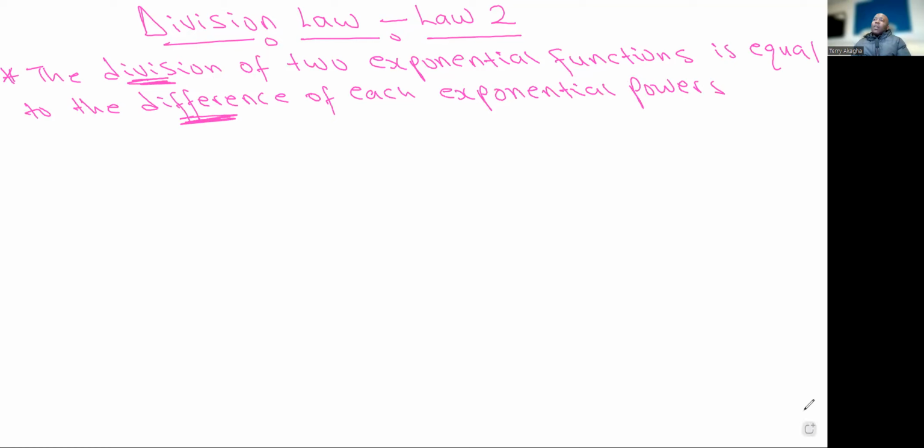And like I always say, I prefer to write down the steps or the rules so that when you go back, it will be easier for you to understand what I did and follow it through. So now the first thing, similar to the product rule, the base must be an exponential function.